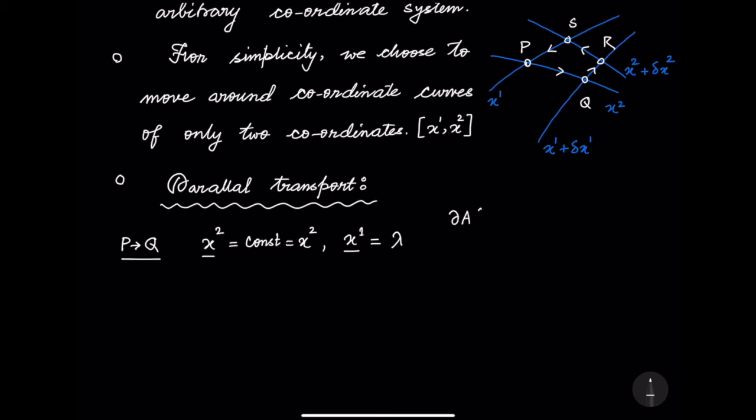So del A alpha, going along x1, that's the parameter, plus gamma alpha beta 1 A beta is 0. Now the vector A, let's see the notation, vector A component alpha at Q.